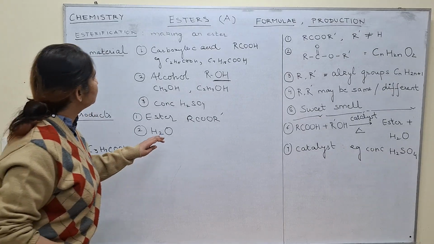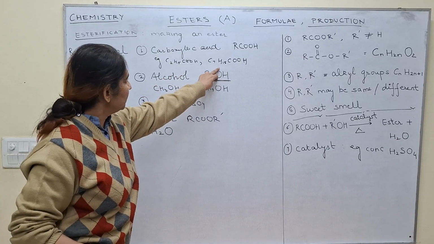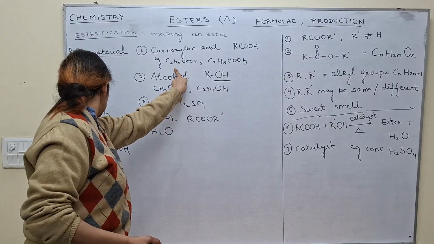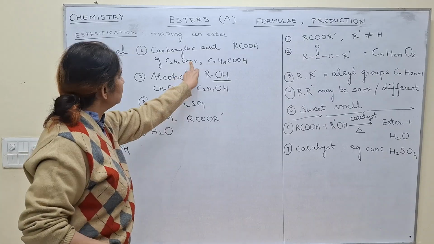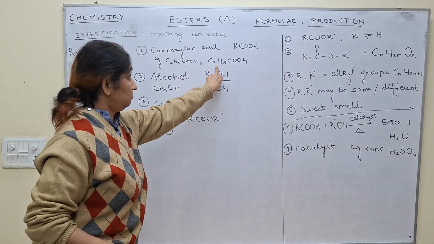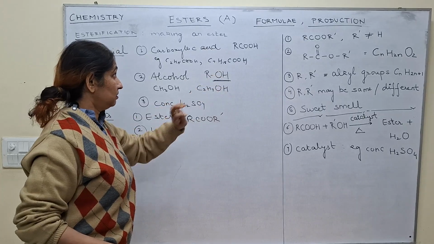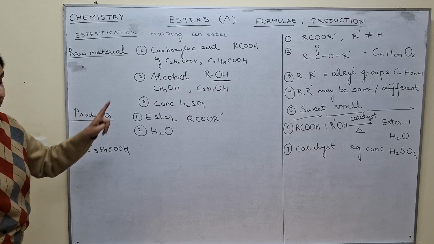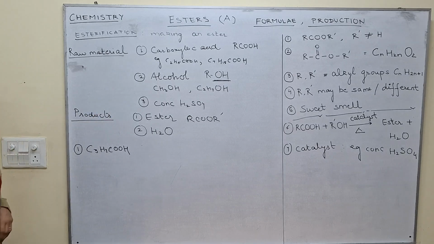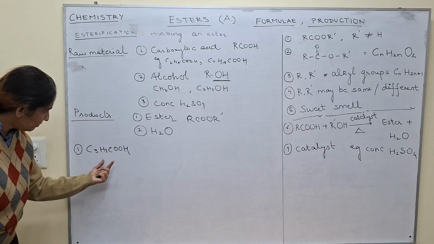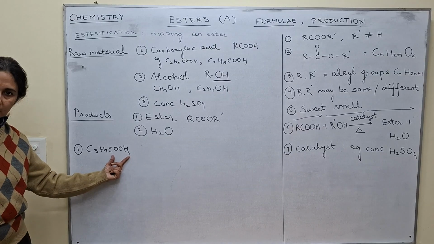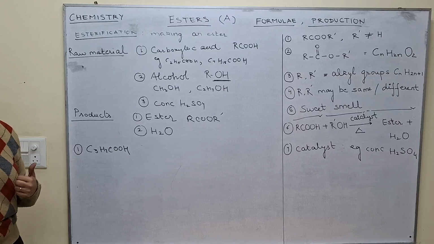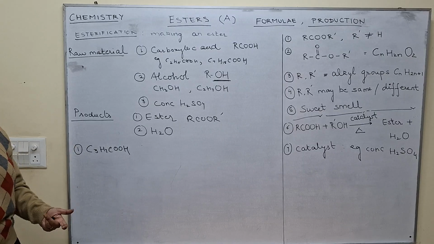I think I named them wrong. This is propanoic acid and this is octanoic acid, probably. I mentioned it wrong there. So this is butanoic acid. Why but? COOH is visible, 3 carbons and 1 carbon, 4 carbons are visible.